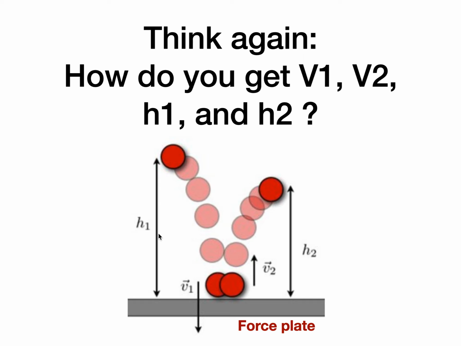V1 is related to the height, so you can put the height into an equation to generate V1. For V2 and H2, we're going to use the time recorded by the force plate, and then put it into an equation. You got V2 and H2. And for the time, you need to care about the frequency on the force plate, and also we only care about half of the flight phase.